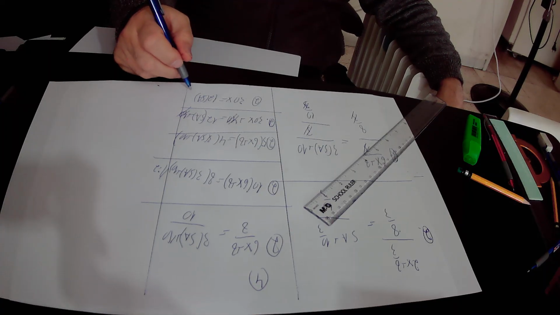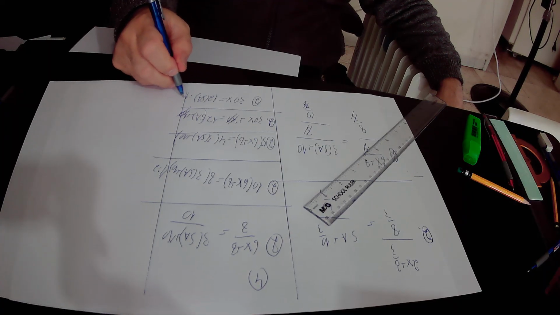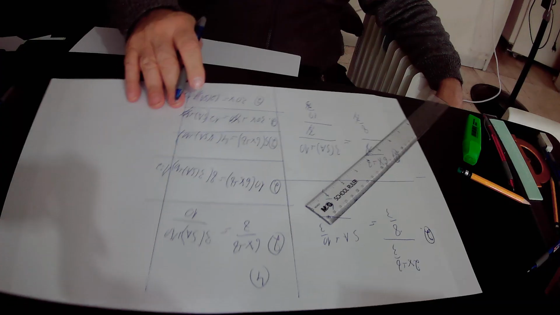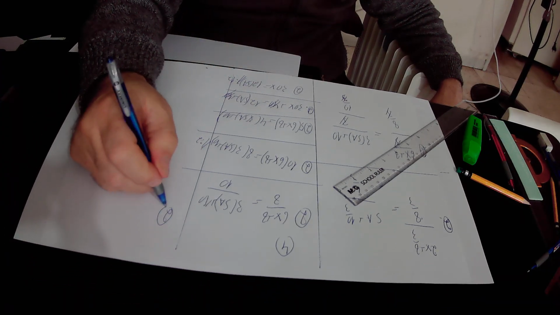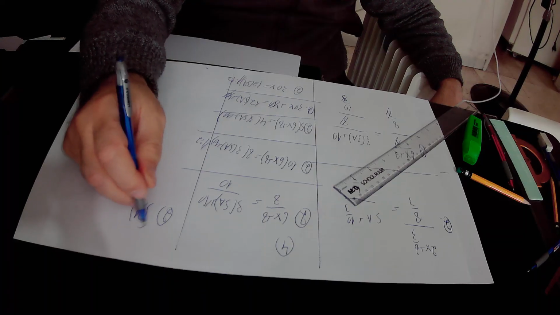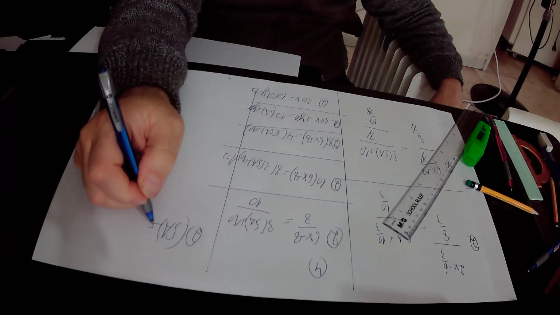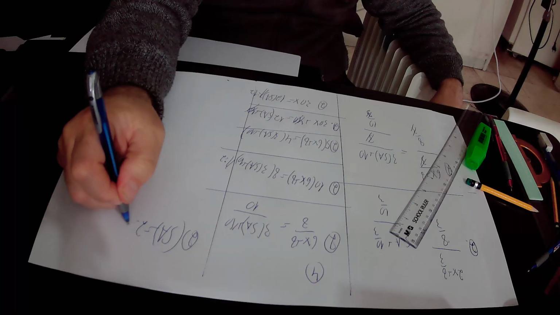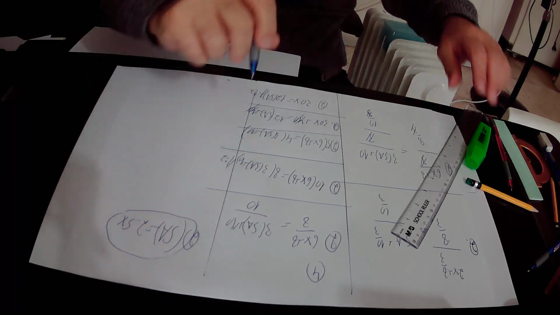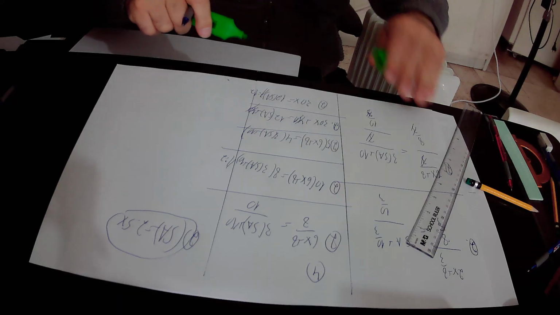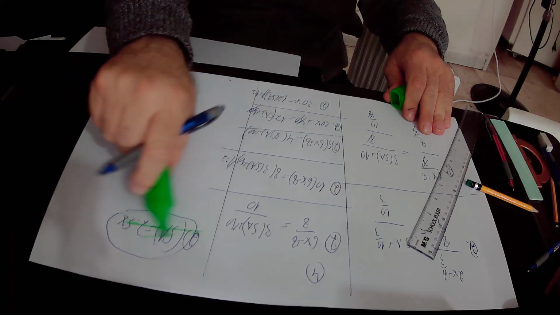So here we'll divide this equation by 12, and finally we'll get that SA equals 30x over 12, which is 2.5x. So we found out that the length of line segment SA is 2.5x.